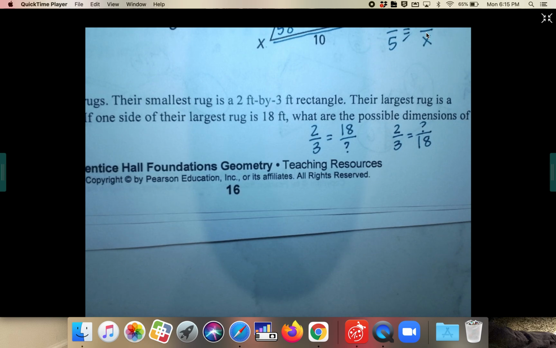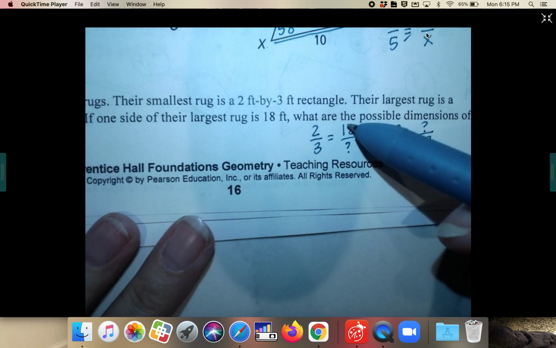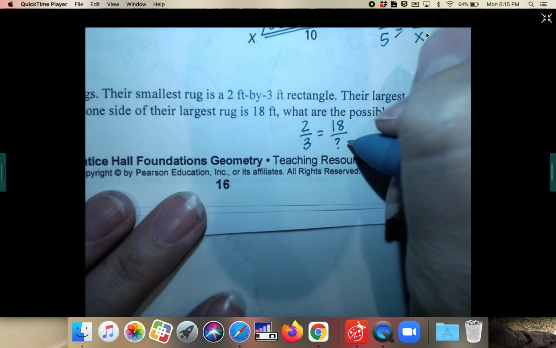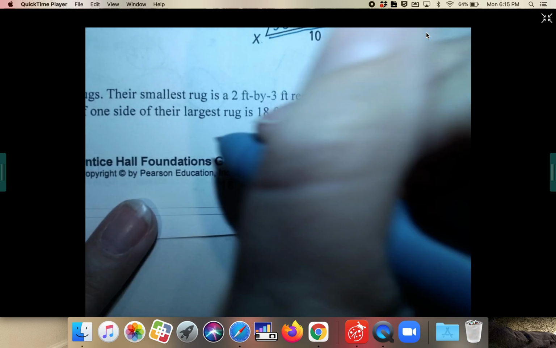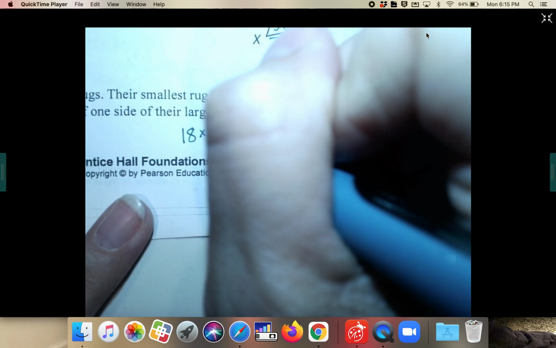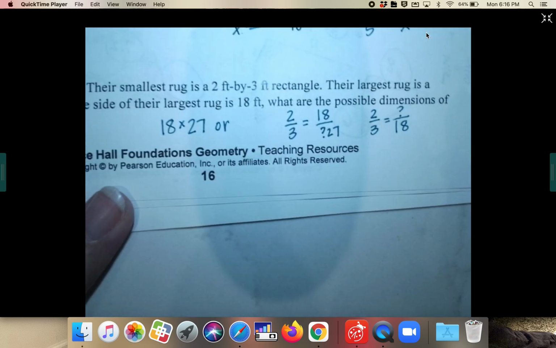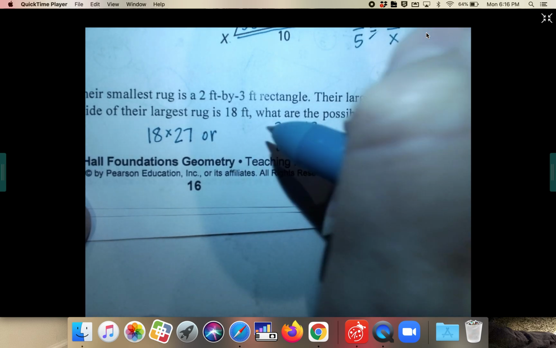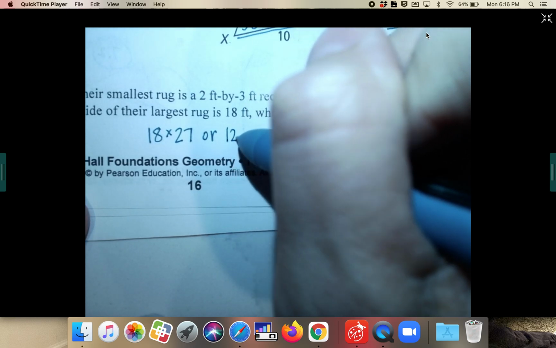And those are the only two possibilities. So I would just do the bat and the ball with both of them. 18 times 3 divided by 2 is 27. So the possible dimensions are 18 by 27, or let's do this one. 18 times 2 divided by 3 is 12. So you could have 12 by 18.